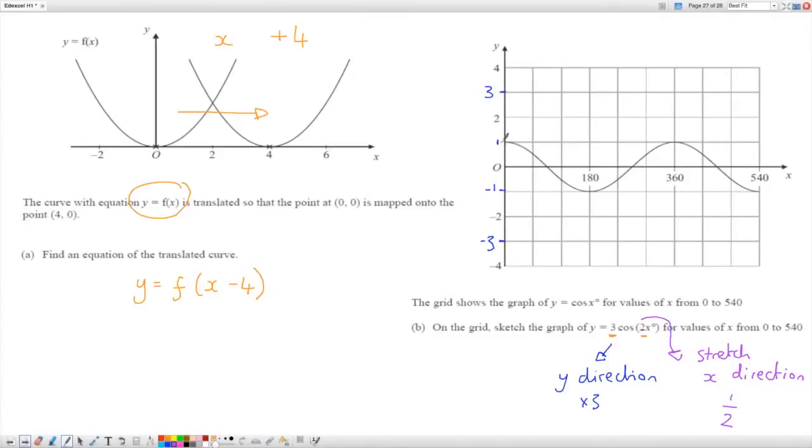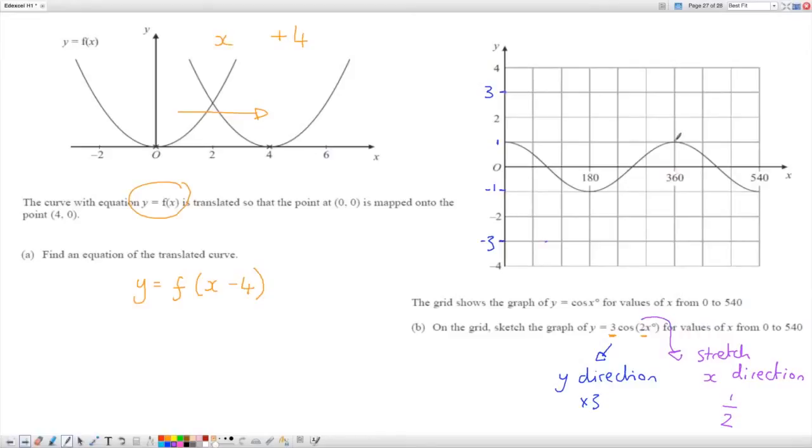So if we look here, from this point, we go down to 180. No longer are we going to go to 180, we're going to be going to half of that, which will be 90 across. So actually, we're going to be coming down to minus 3 at the 90. Starting here, up at 3, so we're stretching up and then going half the distance down.